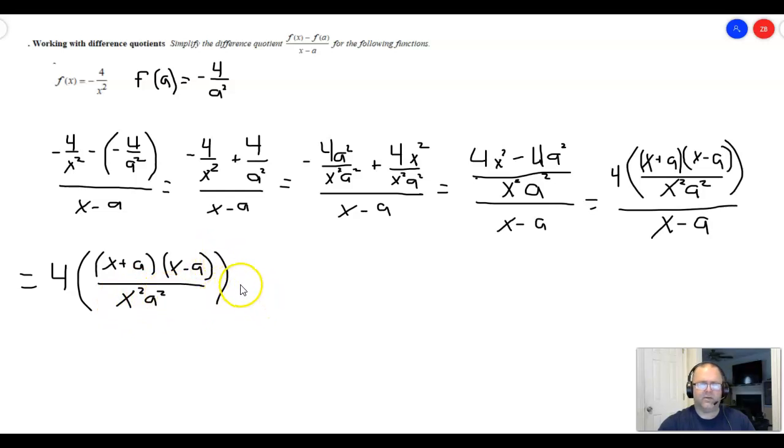And we're going to multiply this by the reciprocal of x minus a, which is 1 over x minus a. And notice I have a nice little common factor there, which I can cross out. And I finally get 4 times x plus a all over x squared a squared.